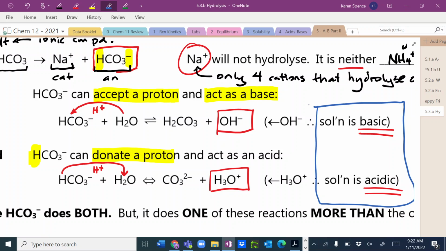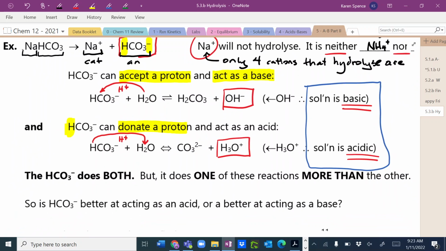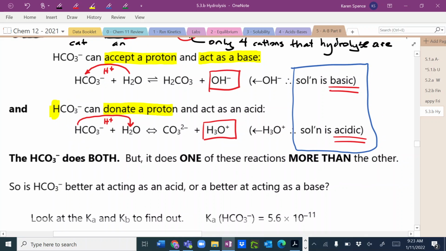And in reality, some of the hydronium will neutralize some of the hydroxide, but one of these reactions happens more than the other. And whichever one happens the most will be the one that determines whether it is basic or acidic. Okay, so HCO3 does both.